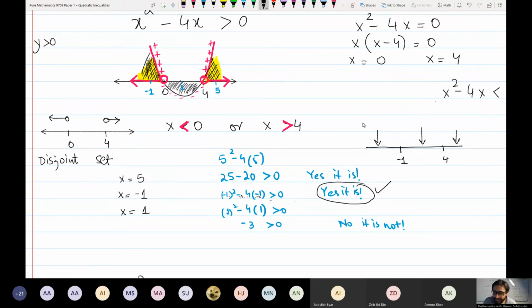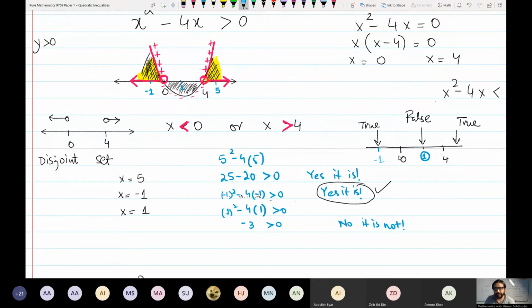I was getting a true result over here, and a true result over here, and I was getting a false result for the value that I chose here, which was 1. It did not satisfy the inequality. The number that I chose before 0 was the number -1.